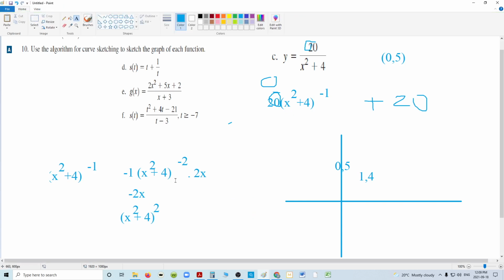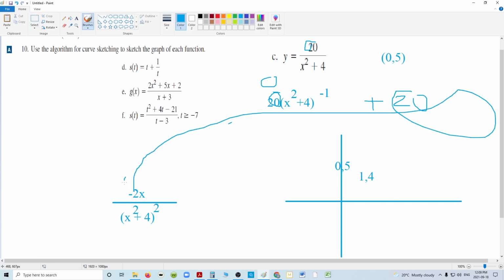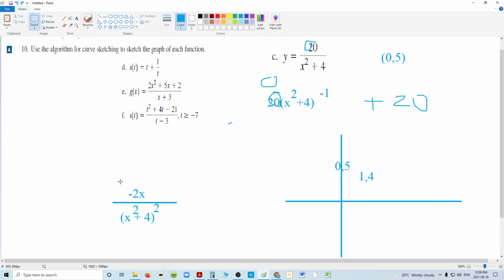So this part here becomes the numerator, and this part here becomes the denominator. So you're just going to get 0 plus this mess. So that means the derivative, multiply by 20, because remember it's 20 times that. So you get minus 40x at the top.